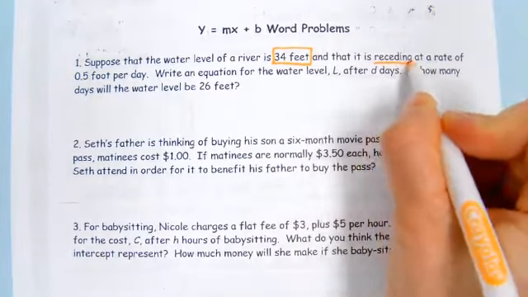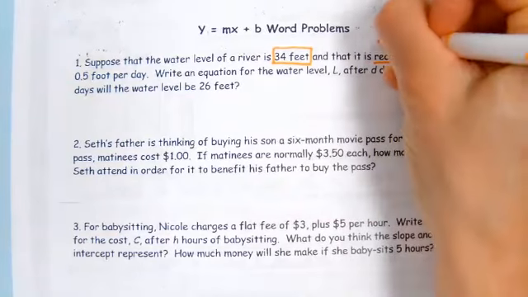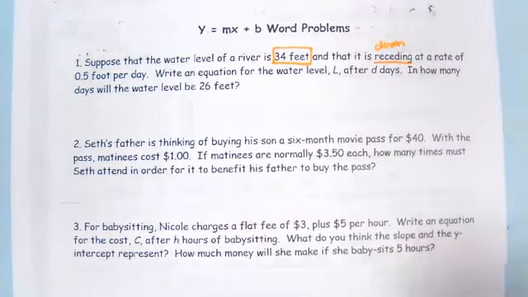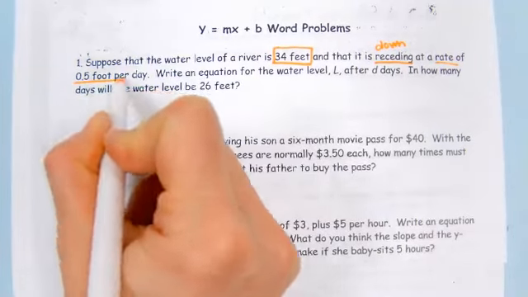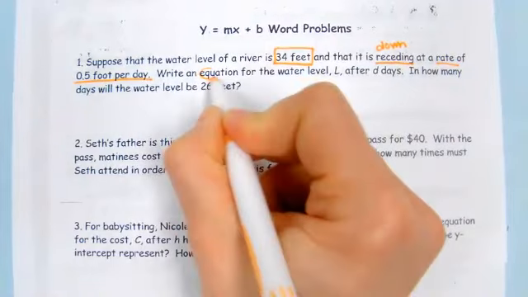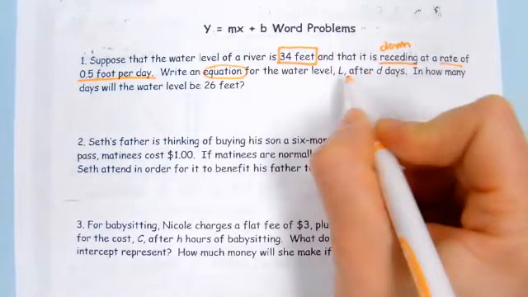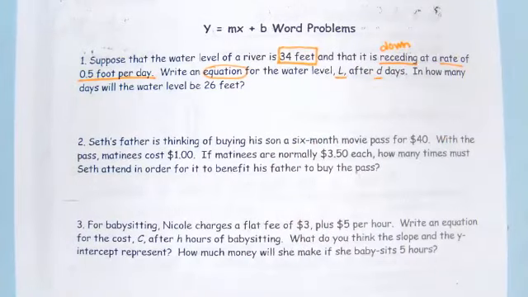Oh, receding means, is it going up or down? Down. At a rate of 0.5 foot per day. Write an equation of the water level L after D days. In how many days will the water level be 26 feet?